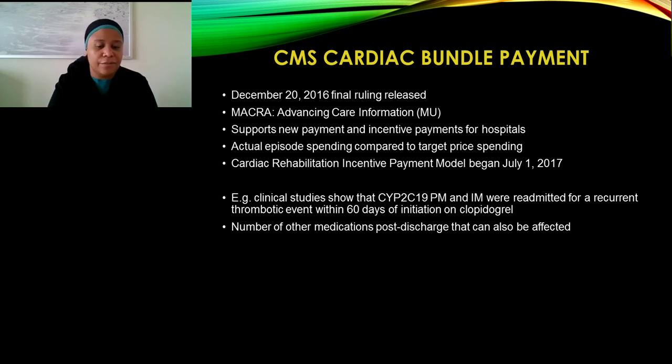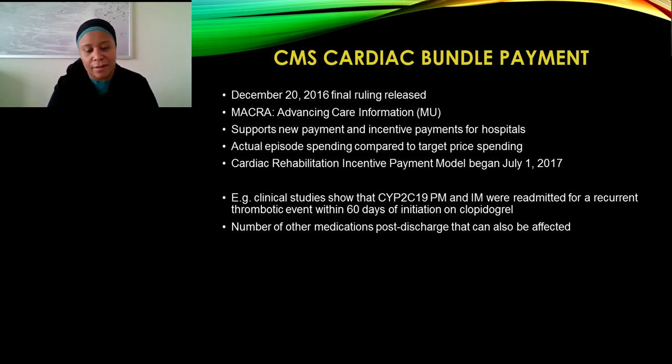It will be beneficial for them to make sure they test CYP2C19, the enzyme really involved with clopidogrel, to make sure patients being prescribed it are appropriate, because a study showed that the poor metabolizers and intermediate metabolizers for CYP2C19 were readmitted for a thrombotic event within 60 days of initiation.